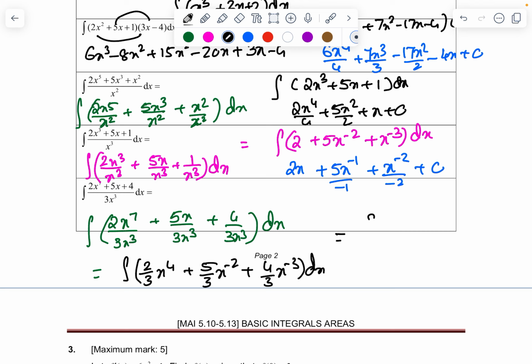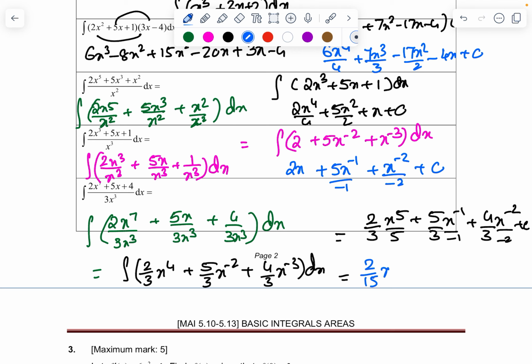So this becomes 2 upon 3 x to the power of 5 upon 5 plus 5 upon 3 x to the power of negative 1 upon negative 1 plus 4 upon 3 x to the power of negative 2 upon negative 2 plus c. I'll try to simplify over here. So my final answer is going to be 2 upon 15 x to the power of 5 minus 5 upon 3x minus 2 upon 3x squared plus c. Always try to write your answer in this standard form.